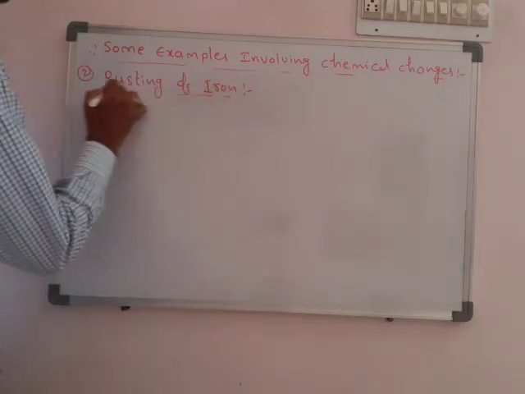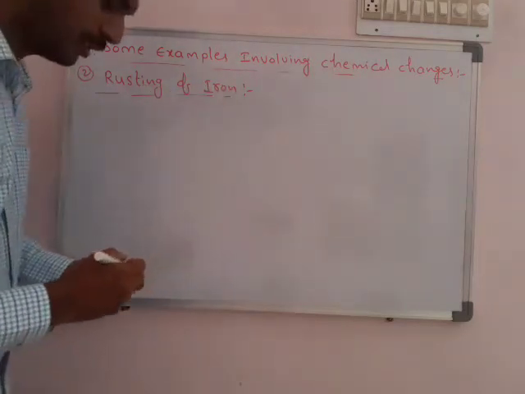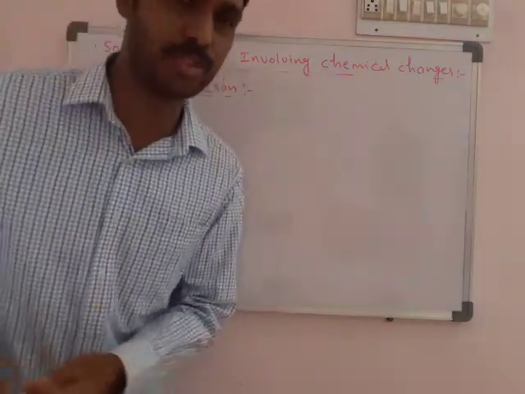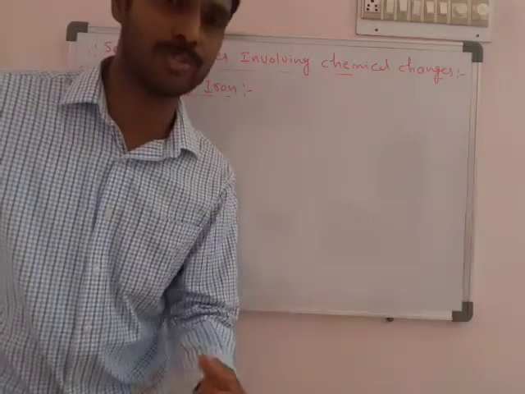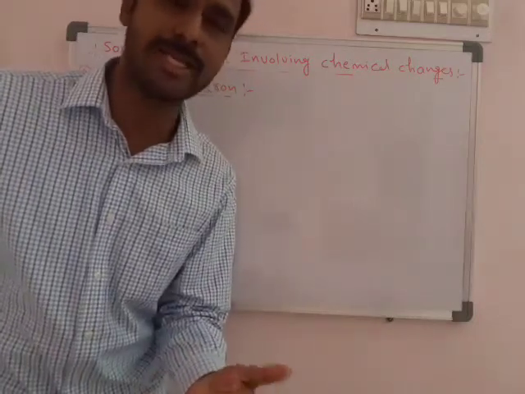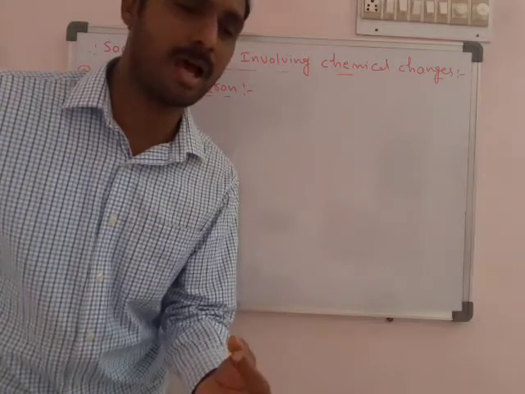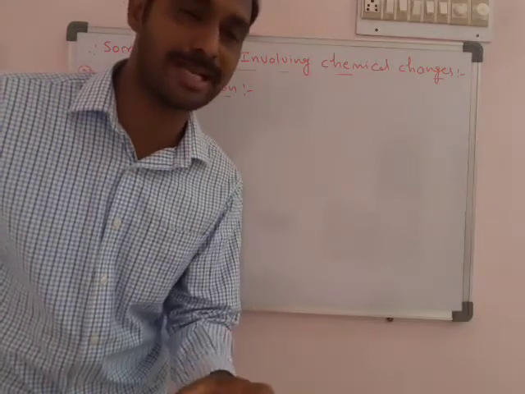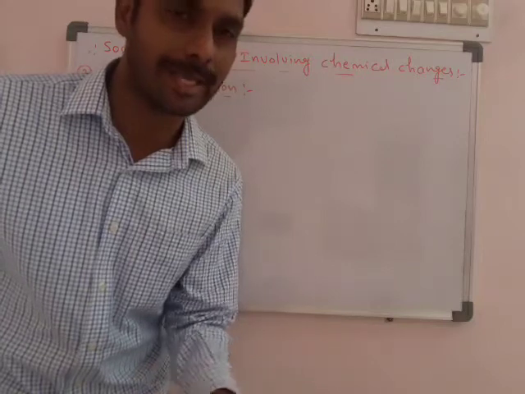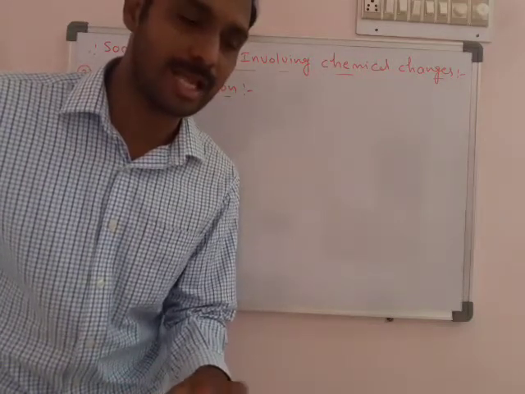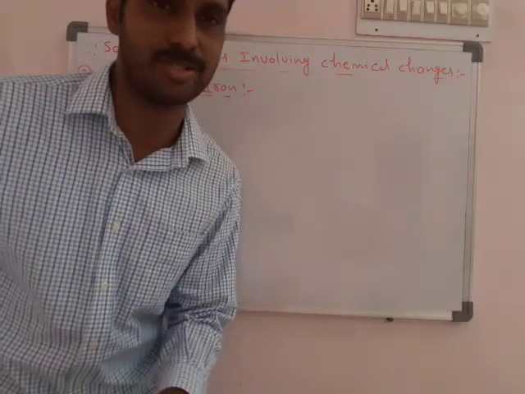So we know iron. When iron is exposed to moist air, after a few days the rust is formed on the iron. It is a very slow reaction and it is a chemical change.